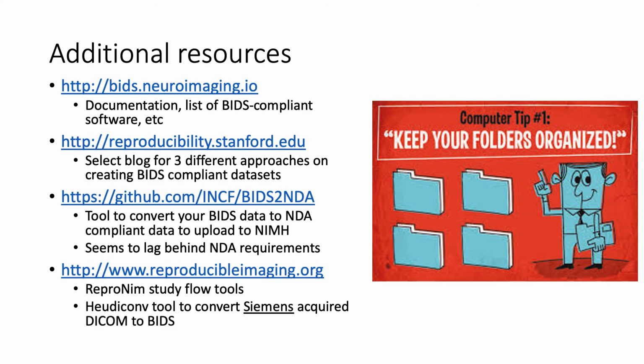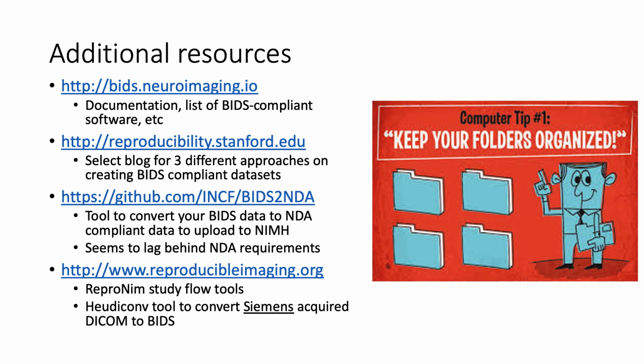And it's a template on how you inform NDA what your data looks like, what you're uploading. And that template seems to change every time I have to do a data upload. And BIDS to NDA is not keeping up with that. So that's the one problem I have with that. It used to work pretty well, and now not so much.